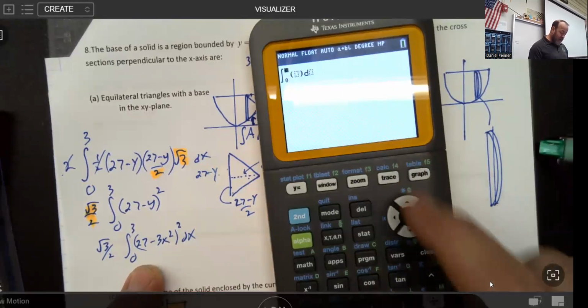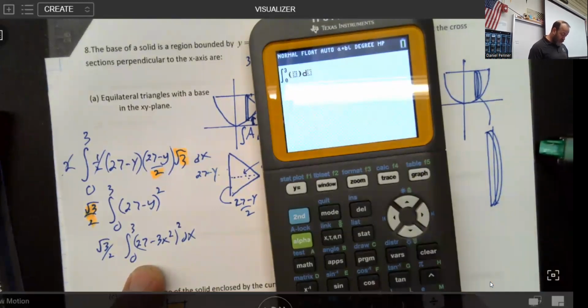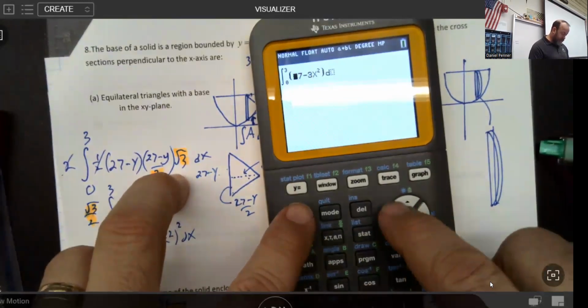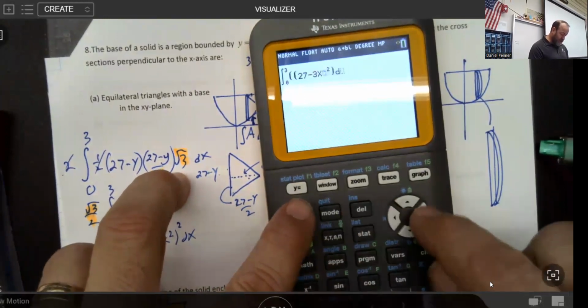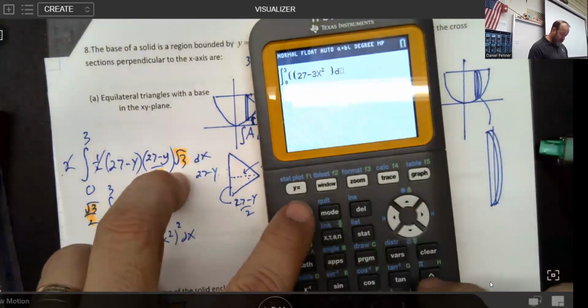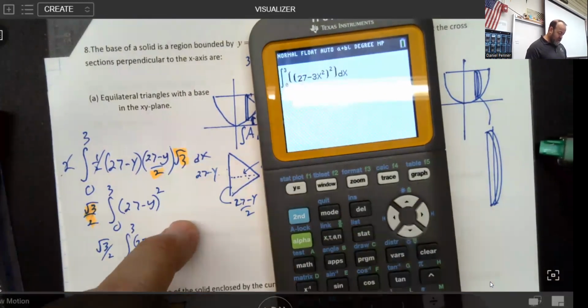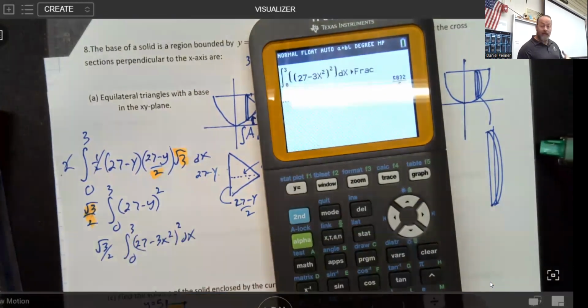So you're going to notice that I'm, for the moment, going to ignore that root 3 over 2 that's sitting in front. Let's insert a parentheses here with a square and a dx, and let's have the calculator give me that as a fraction.